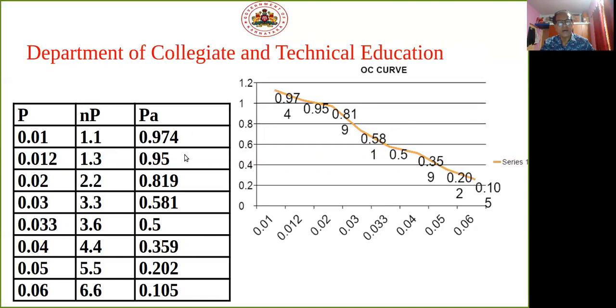Like that, we get all these values: 0.95, 0.1819, 0.581, 0.359, 0.202, 0.105. When you plot PA versus P, you will get a curve. That curve is called the OC curve.